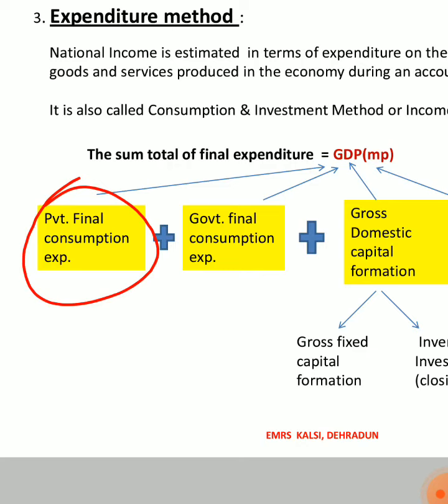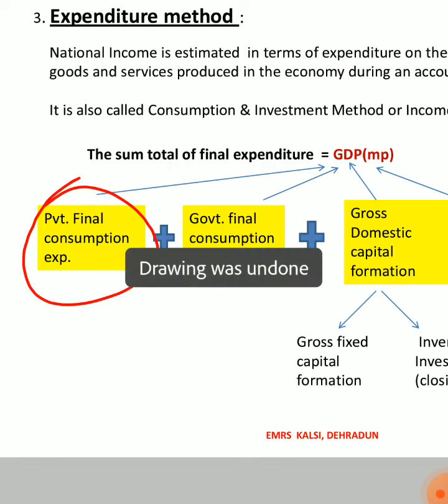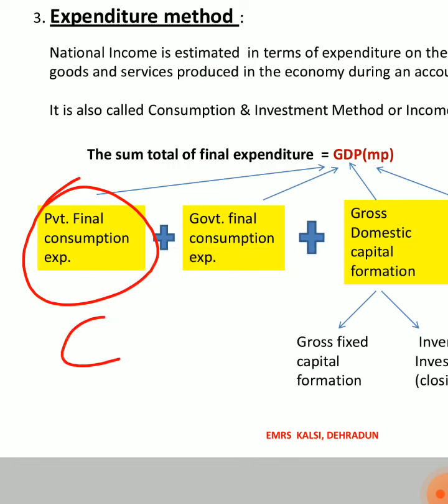These are the final consumption expenditures for the household. These expenditures are added, and the symbol for private final consumption expenditure is capital C.